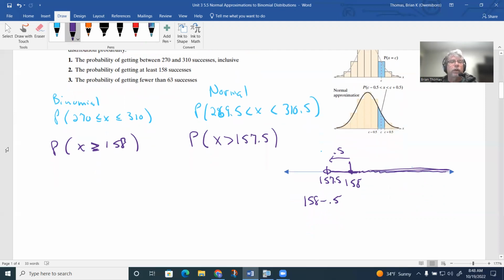So one more of these, we have the probability of getting fewer than 63 successes. Fewer than 63 successes means that we're not going to be including the 63. So it's going to be the probability of x is less than 63.